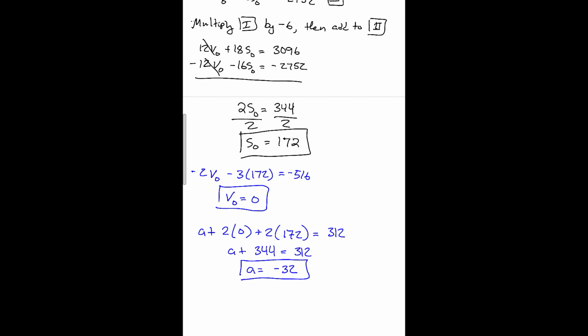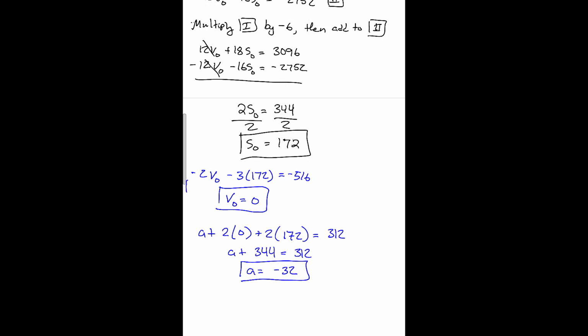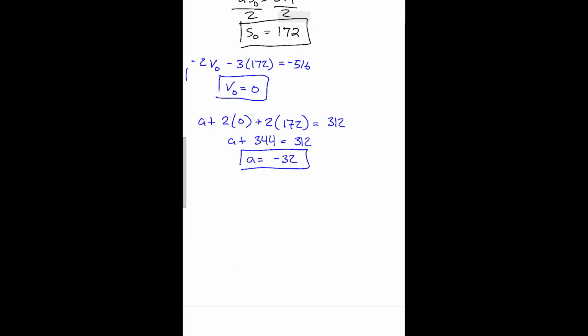So now we can figure out the answer. Our final answer, when we plug it in, would be s equals, plugging it back into the position equation that was given to us originally in the problem, 1/2 times your a value, which is negative 32, t squared. The reason we use t squared and not one of the specific t's is because we're trying to find the general position function.